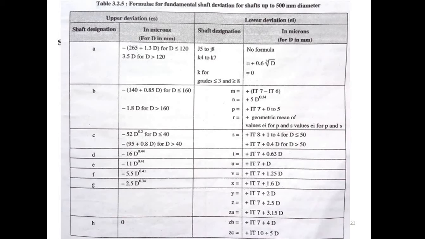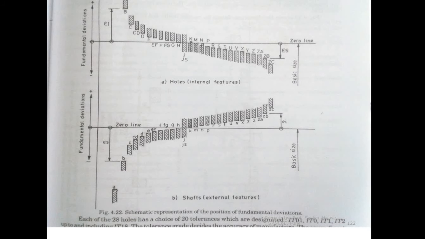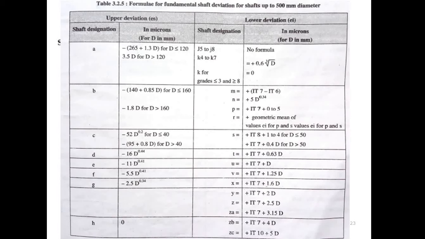We have just seen that from A to G, all are below the basic line. That's why they are going to be negative. So for A to G type of shaft, this is the value of the fundamental deviation, and it is negative. You can see the negative sign everywhere.